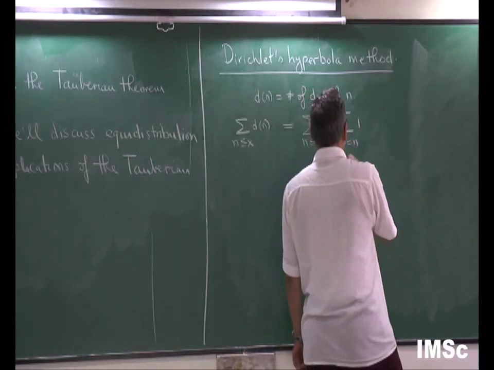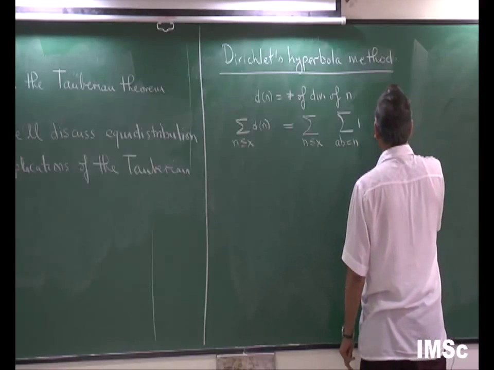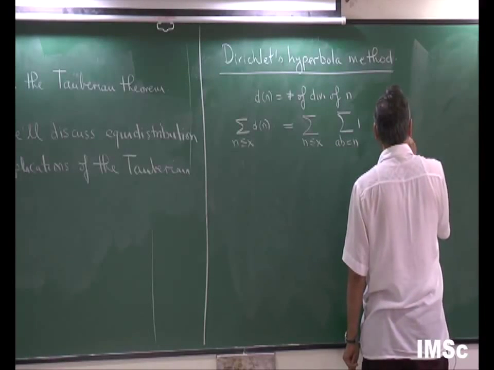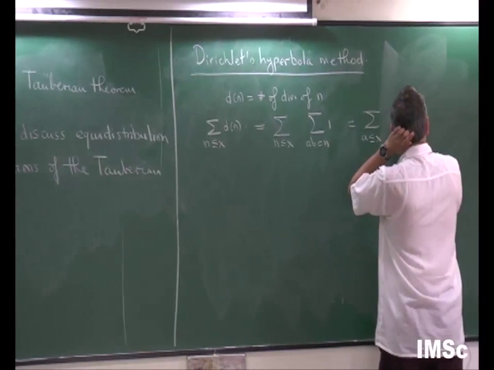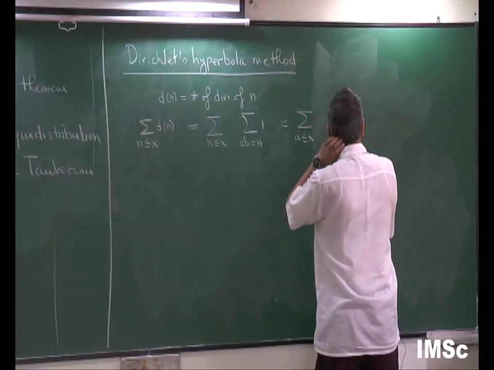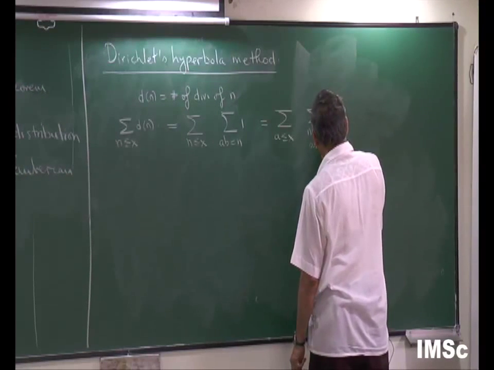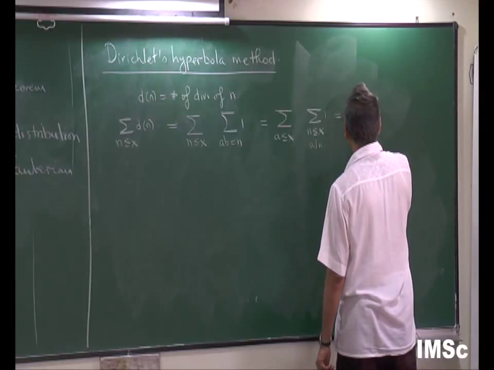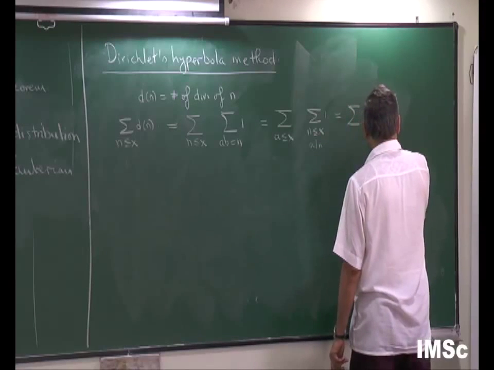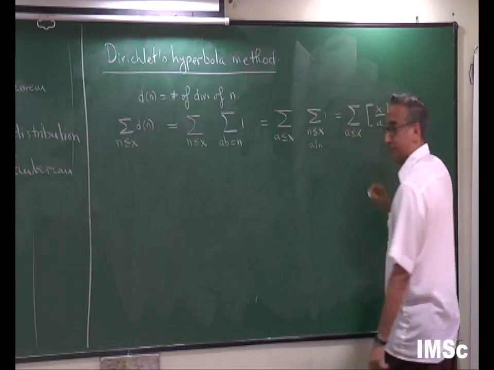And then a times b is n, and n is less than x, therefore I can rewrite this as a summation up to x, and inside I'm actually counting n less than x which are divisible by a. So a divides n, 1. And so this becomes x over a, less than x.